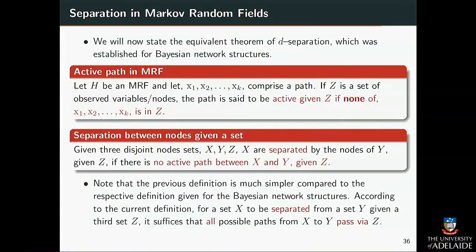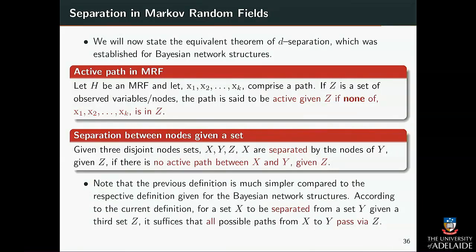The equivalent of the notion of d-separation here is easier to understand because there are not these strange converging connections; rather, the notion of separation is really tied to the graph. You can actually see it. The formal definition says that if you have a path, and we don't have to distinguish between paths and chains because these are undirected, we say that the path is blocked given Z if none of the variables in Z is in the path.